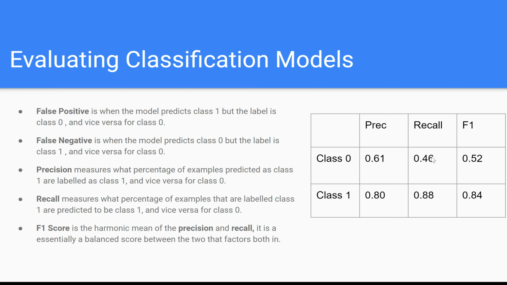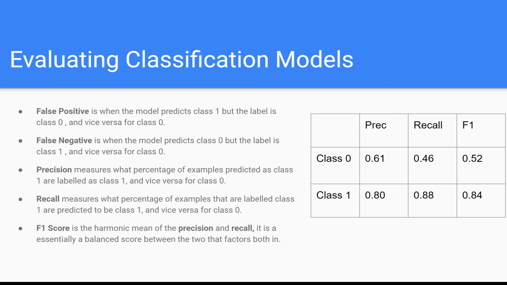And our recall was 46% for class 0. So of all of the examples that were actually labeled class 0, we only predicted them to be class 0 46% of the time. And the F1 score you can see is in between these two scores, and it's 52%. And then for class 1, it's just the opposite, right?